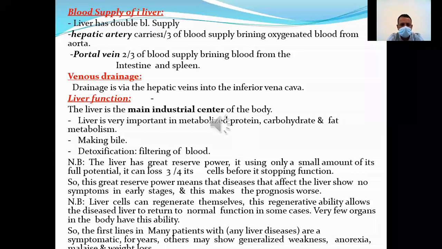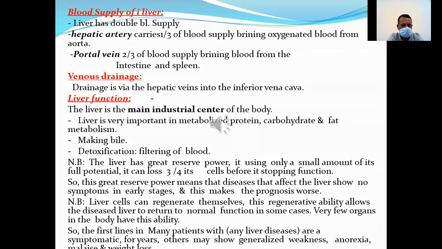Very few organs in the body have this ability. بمعنى انه القدرة على regenerate of the cells to normal. When there is acute hepatitis, after healing, the liver retains the same number of cells after the healing of the disease.